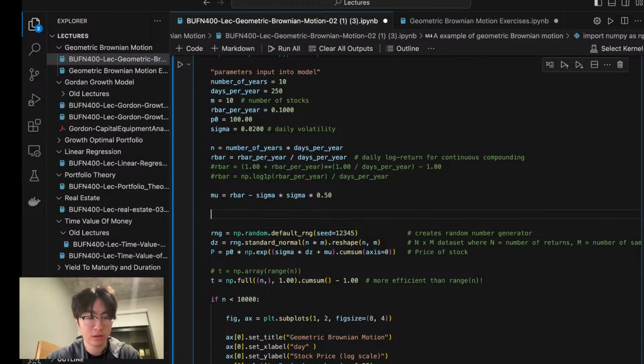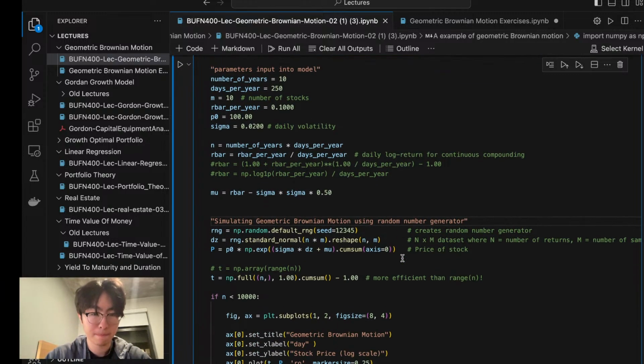So think of this as simulating geometric Brownian motion using random number generator. Okay.